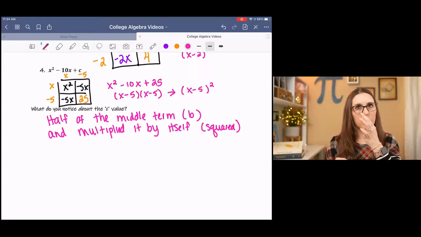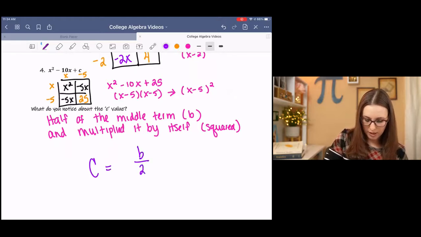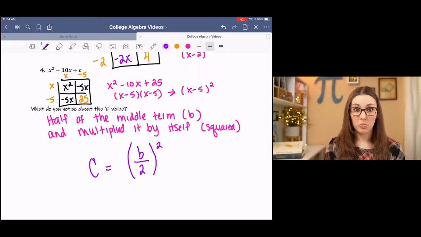So we could put that in symbolic form and say C is half of B, and then we squared it, right?